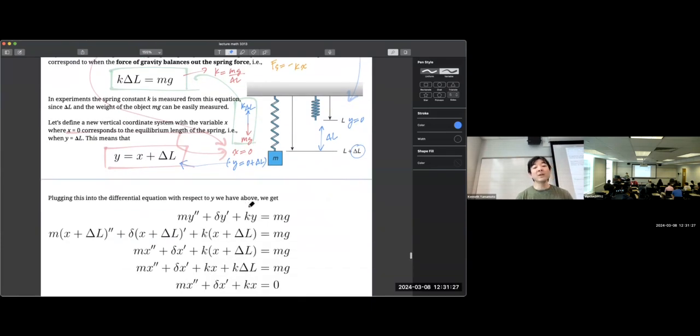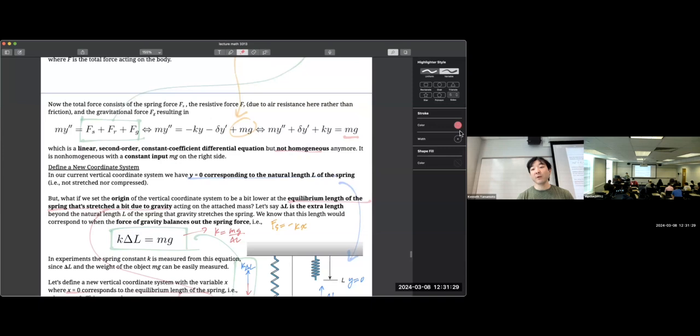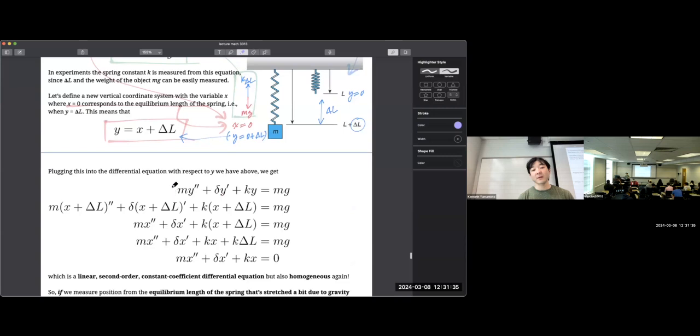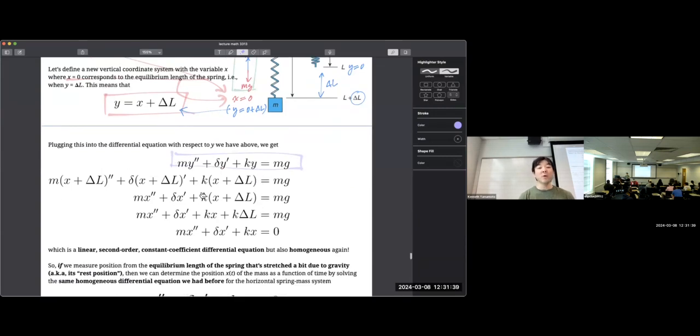So now this was the differential equation we had before. I'll just use purple. So this right here, all this equals mg. This is the starting point. Now I'm going to do this coordinate transformation, basically this change of variables here.